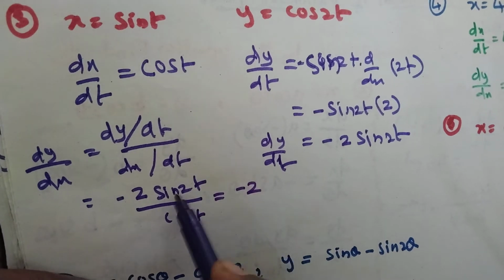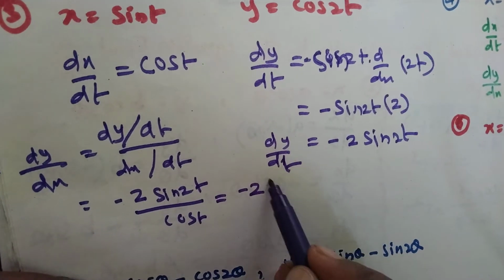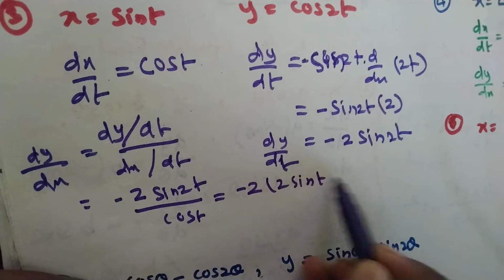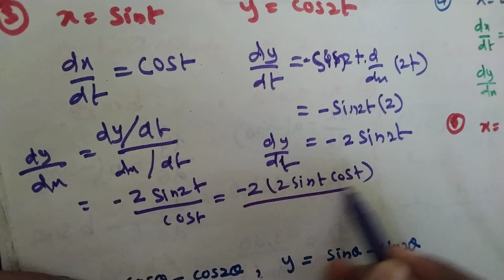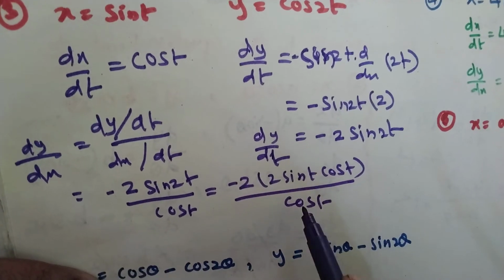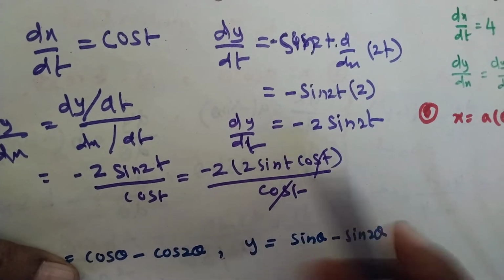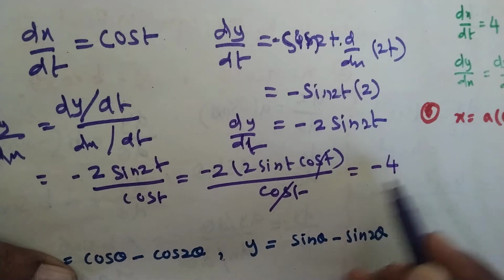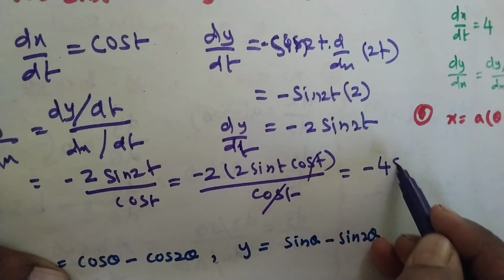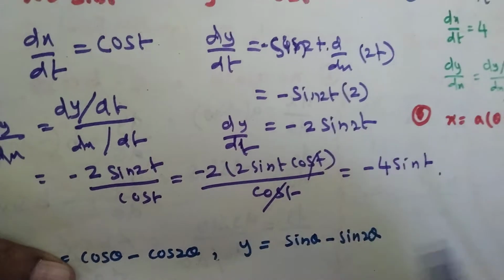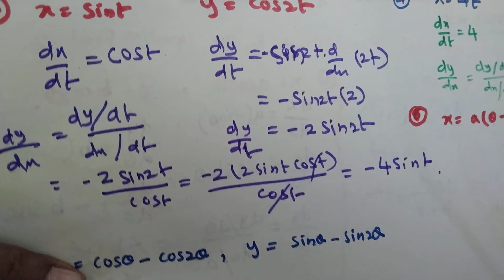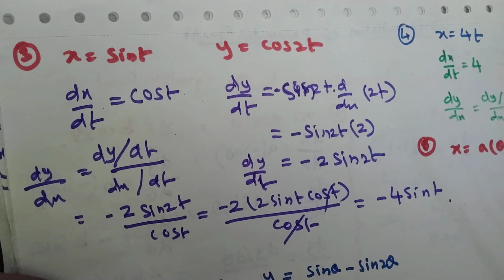So write sin 2t equal to 2 sin t cos t, divided by cos t. So cos t will get cancelled. Our answer is minus 4 sin t. So this is the third example.